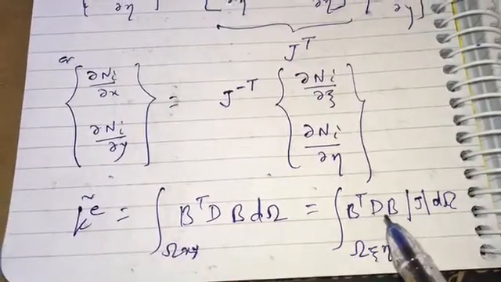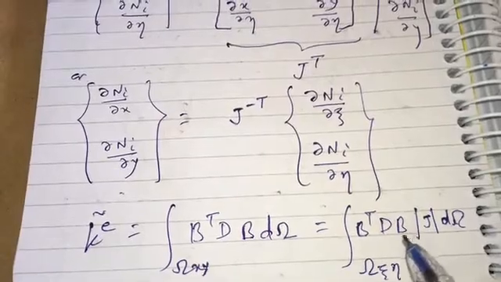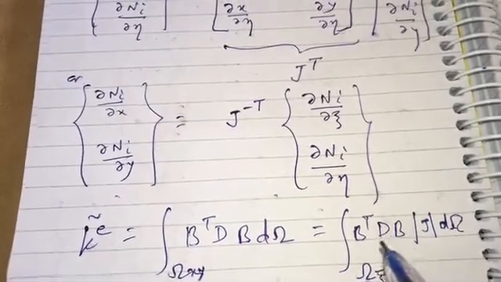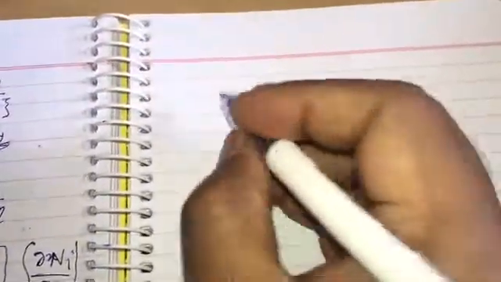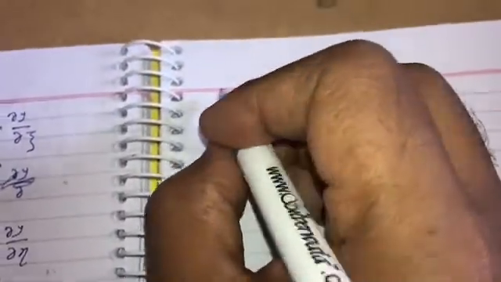Where B has to be converted into the xi eta system, okay. And it can be converted how? Because we already know the relationship, and what is the relationship we have?